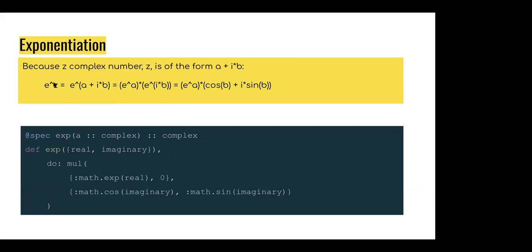So for some arbitrary complex number Z, e to the Z is the same as e to the A plus iB for some values A and B. Then, due to the rules of exponentiation, you can refactor that to be e to the A times e to the iB. And then using Euler's identity that we just saw, we have e to the A times cos B plus i sin B. And with that, what I do is multiply, because it's just multiplication.